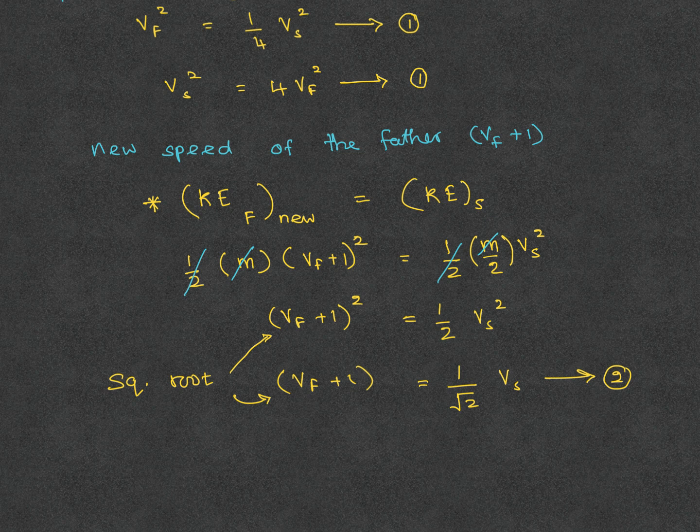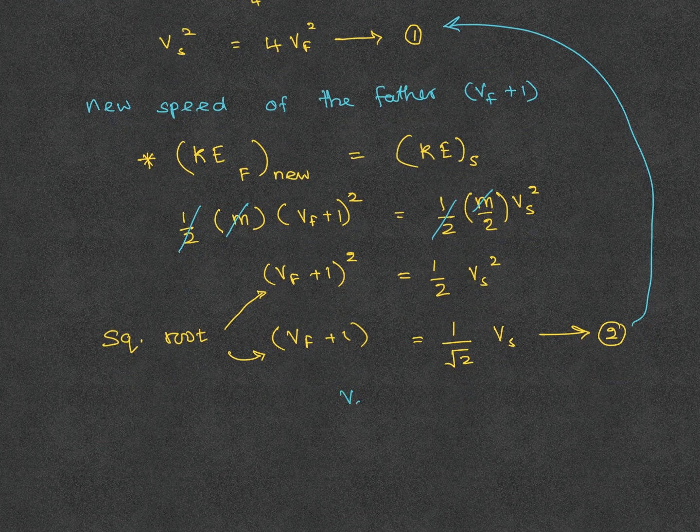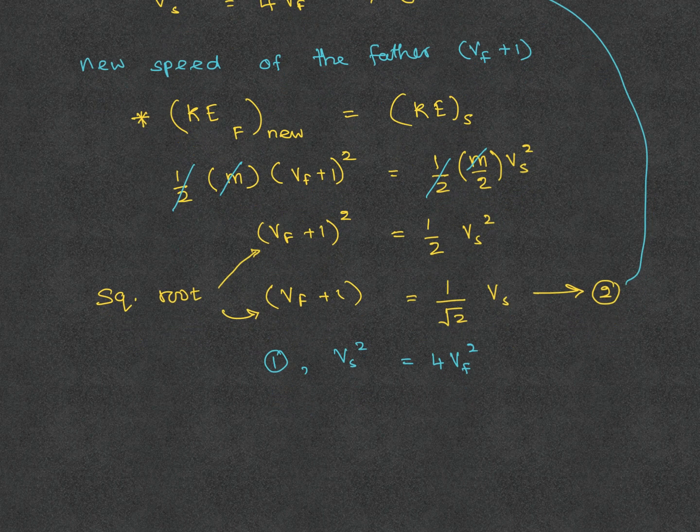Now the first equation that we have over here, it has vs square equals 4 times vf square. This is our equation number 1. So if you take the square root on both sides, you will get vs equals 2 times vf.